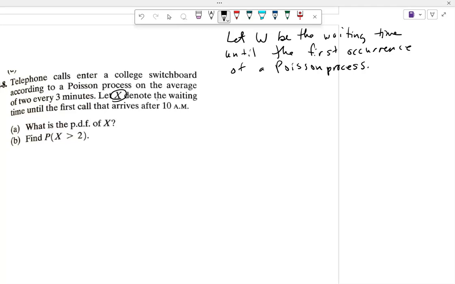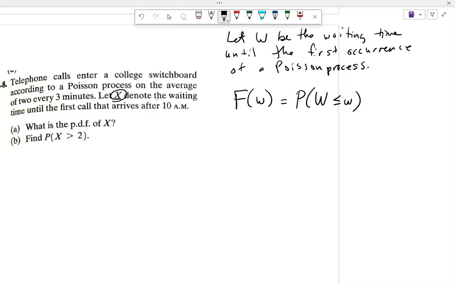We're going to start with the distribution function and work to get to our PDF. So again, by definition, our distribution function is the probability that capital W is less than or equal to little w. Now, writing it this way is saying that our waiting time is less than or equal to some value.